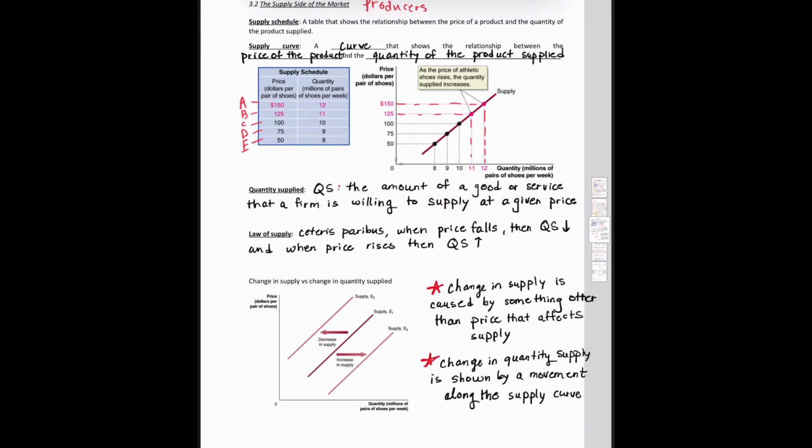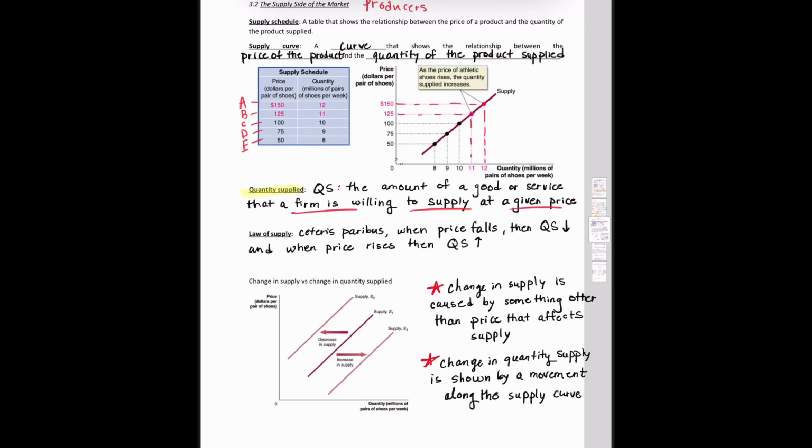So we see an upward sloping supply curve. That represents a positive relationship between price and quantity supplied. Quantity supplied, again defined here, is the amount of a good or service that a firm is willing to supply at a given price.